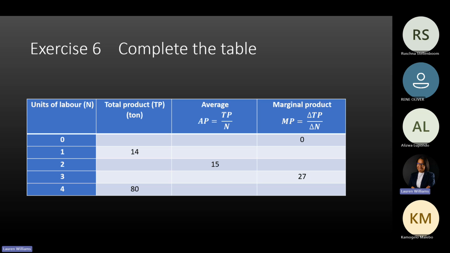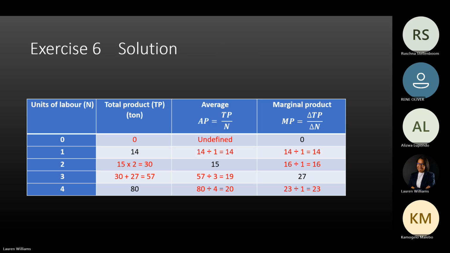Now we're going to have to manipulate the formula. We know that N is 2. So if we have our average product, 15, and N, 2, and we want to make the total product the subject, we manipulate our formula a little bit and we end up with 30.